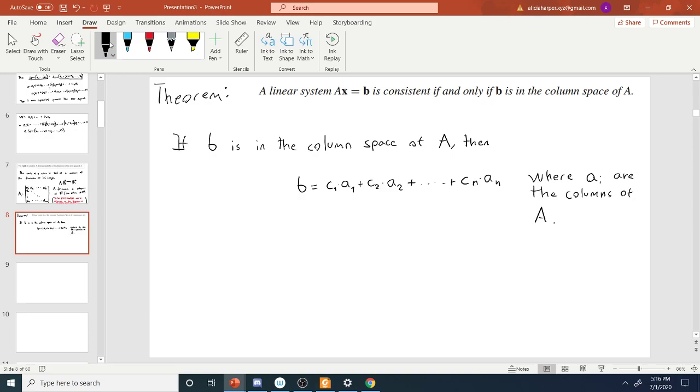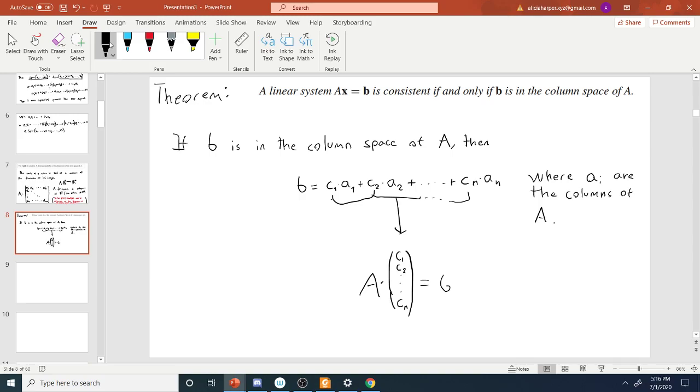But we can interpret this as follows. We can take the coefficients c1, c2, ..., and cn, and we can arrange them into a vector. And so we get the vector c1, c2, all the way down to cn. And this vector c will satisfy the property that if we multiply it by our matrix A, it's going to be the same thing as the sum, which means it's going to be the same thing as b.